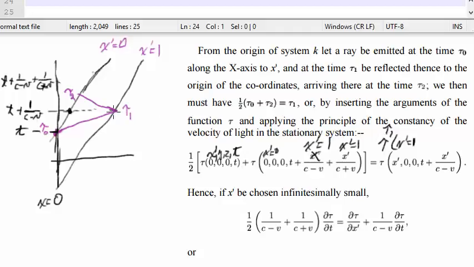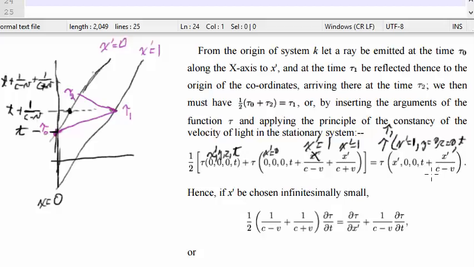This is that location, and the time there is t plus 1 over c minus v. Tau 1, which is, so it's x prime equals 1, y equals 0, z equals 0, and t equals t.